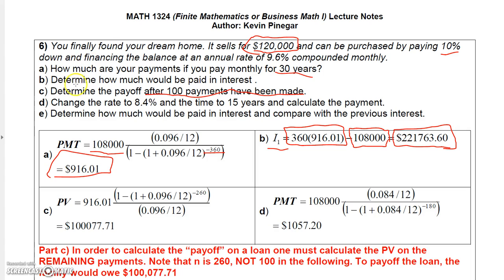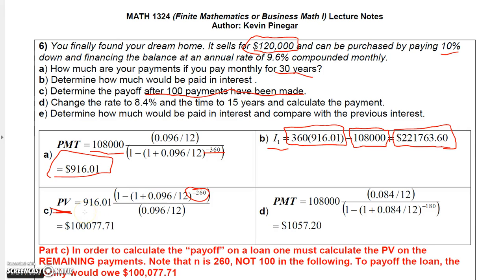Well, if I've made 100 of the 360 payments, then I want the present value of the remaining 260 payments, because I made 100 of those 360 payments. So that leaves me with 260 payments.